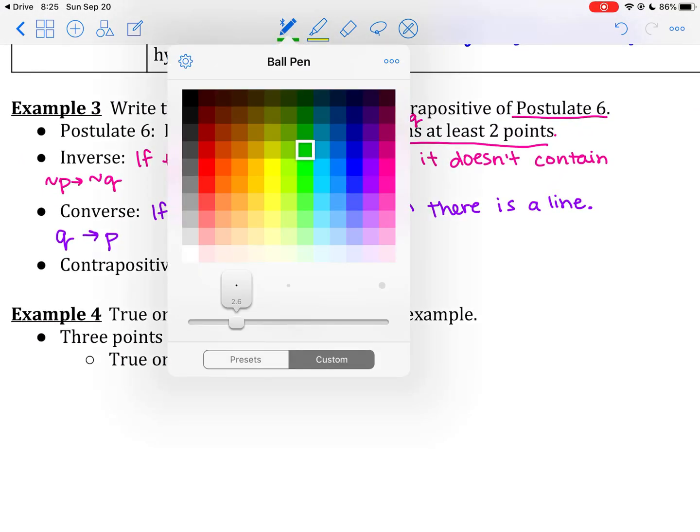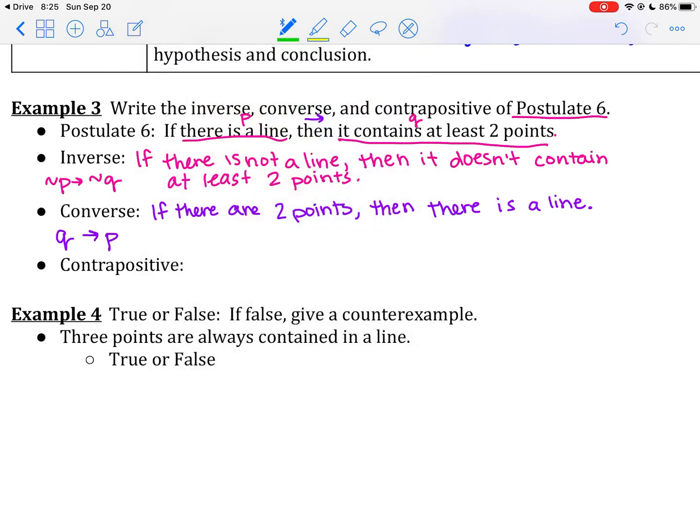And then the last thing we have is the contrapositive, which did both. It switched the meaning and it flipped the order. So not Q, then not P. All right, so the contrapositive is going to change the meaning and flip them. So I'm going to start with the second part, which is it contains at least 2 points.